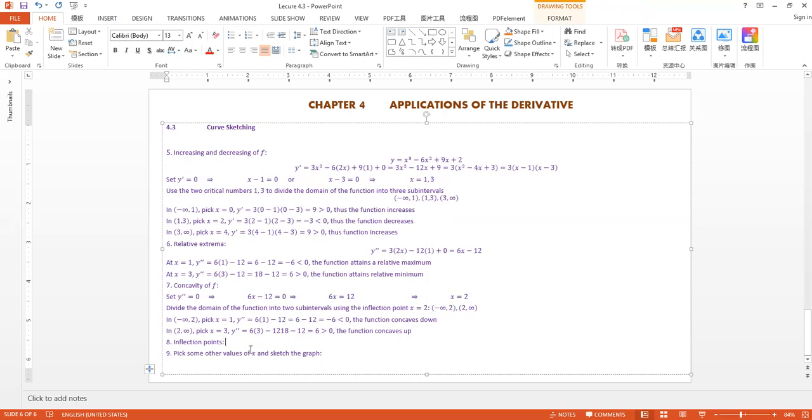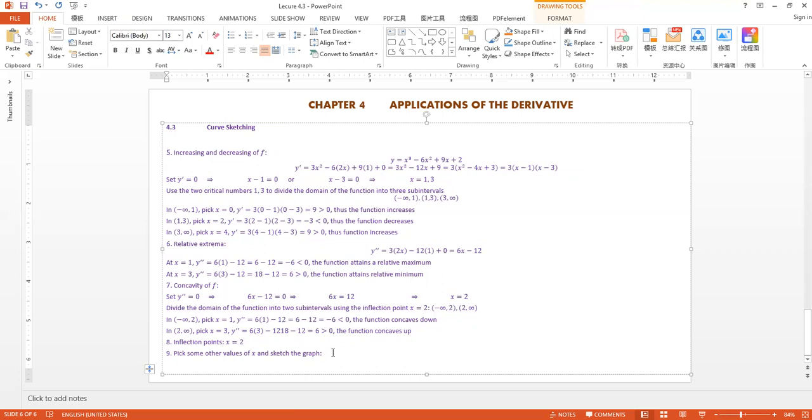So step 8, inflection points. We have just one inflection point, x equal to 2. We already found it in step 7.